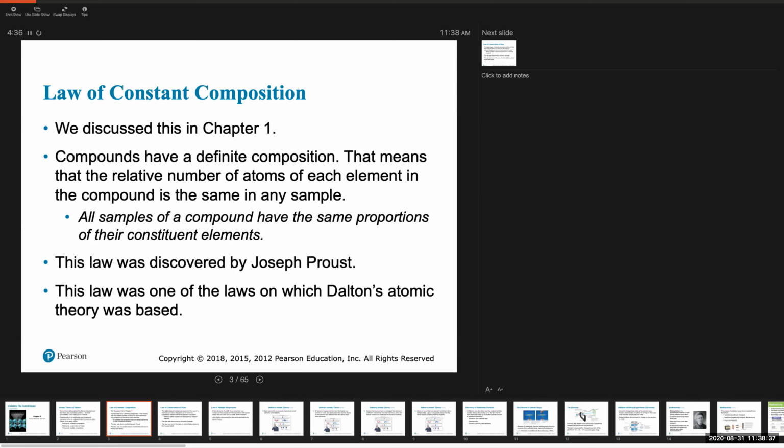It doesn't matter if it's coming out of your faucet, if it's in a lake, if it's frozen, if it's vapor. If it's truly water, it's H2O. So any compound has the same proportion of the elements, no matter where you find it or how much there is. That's the law of constant composition.